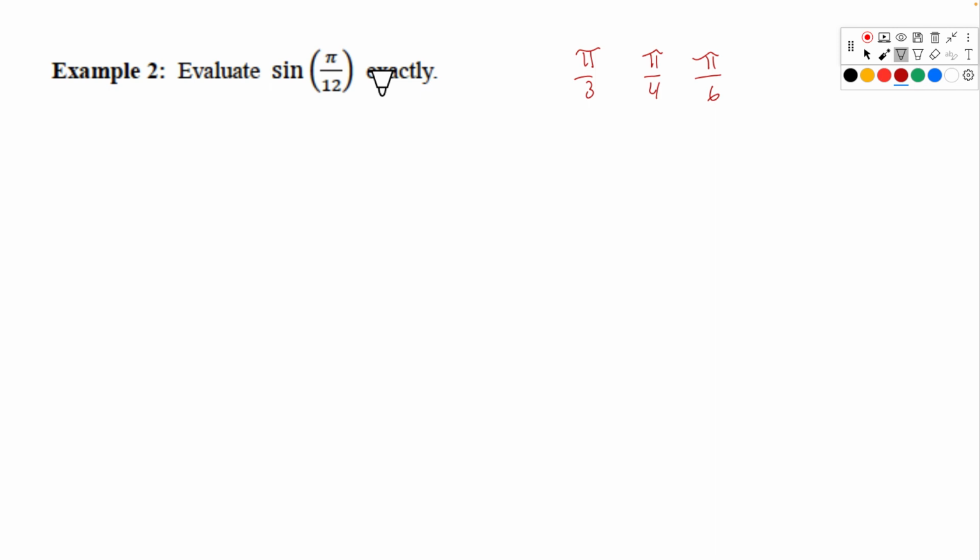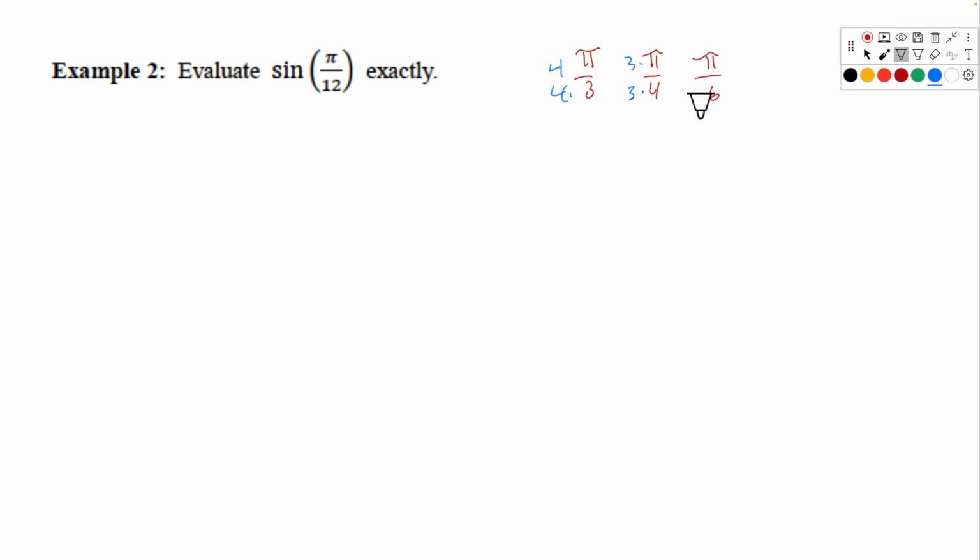So our mind's first going to subtracting. Well, how do we get pi over 12? None of these have a denominator of 12, so what could we do to see which ones we would use? Could we turn each of these into a common denominator of 12? I think that might be the route to go. So pi over 3, to have a denominator of 12, I need to multiply by 4 over 4. 4, to turn it into 12, I'm going to have to multiply by 3 over 3.